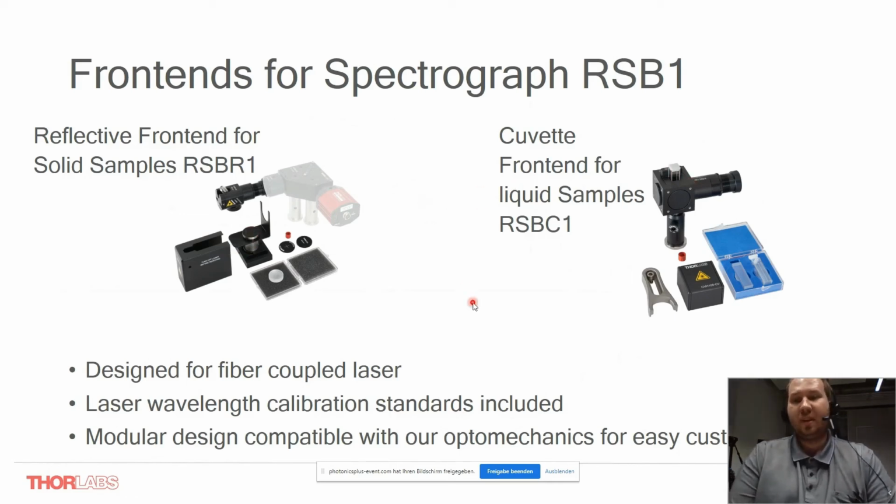They also come with laser calibration wavelength standards, so you can check your laser wavelength whenever you like. The modular design of all these front ends is also compatible with all of our standard THORLABS optomechanics, so you can easily customize your setup. For example, by adding polarization-dependent optics for polarization-dependent Raman spectroscopy, if you like.